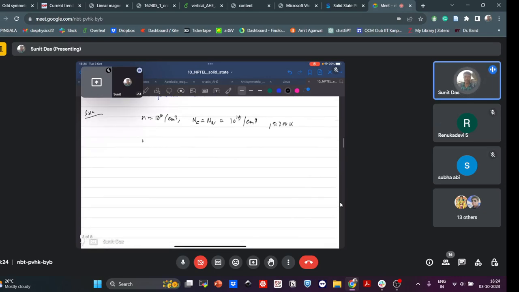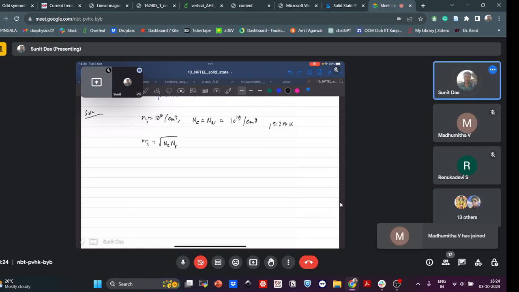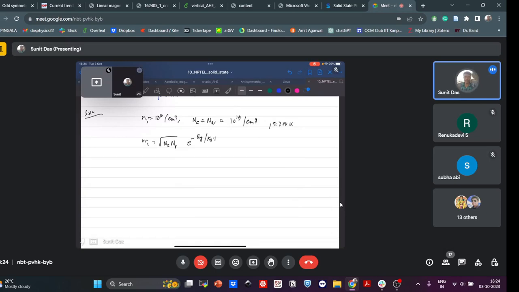The formula for intrinsic concentration is Ni equals root of Nc Nv, and then e to the power minus Eg by 2 kBT. Here Eg is the band gap.